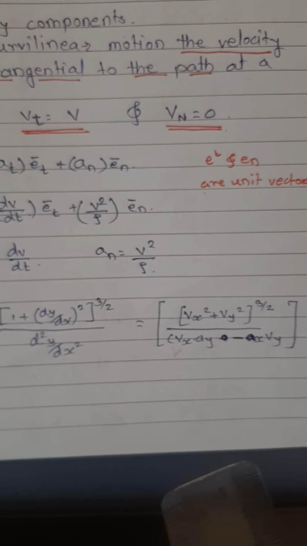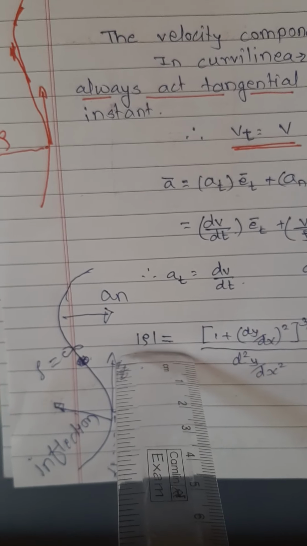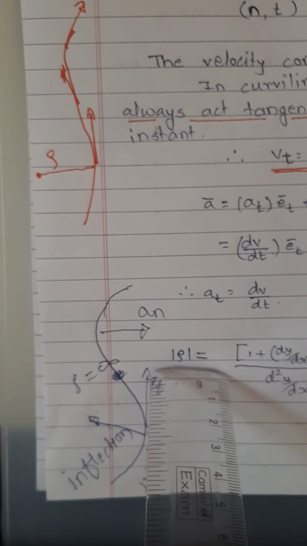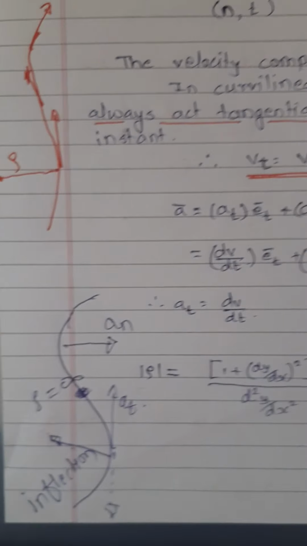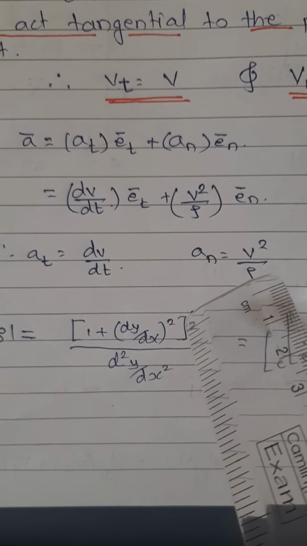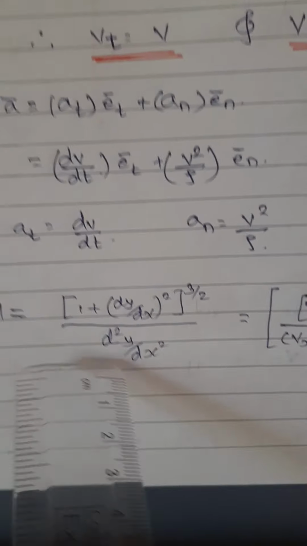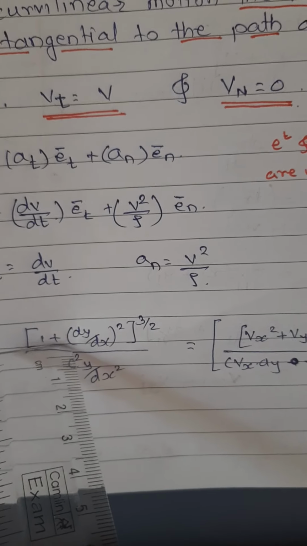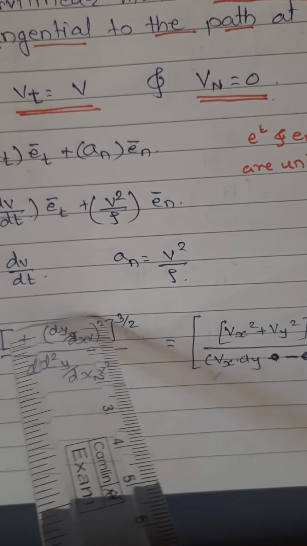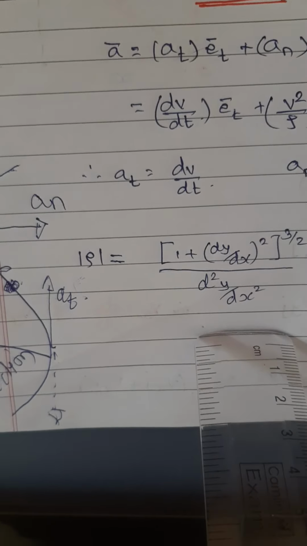There are two formulas by virtue of which we can find the radius of curvature. First, rho is equal to mod of rho. The radius of curvature is always positive, therefore we have to take its mod, and it will be calculated as (1 plus (dy by dx) squared) whole raised to 3 by 2, totally divided by d squared y by dx squared.